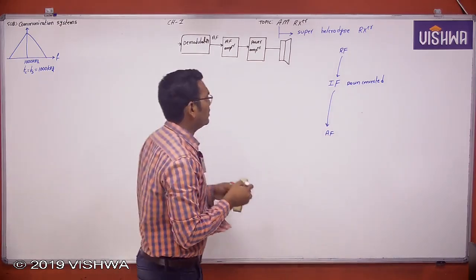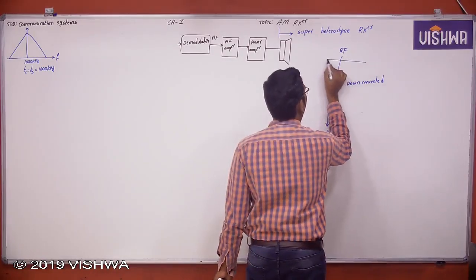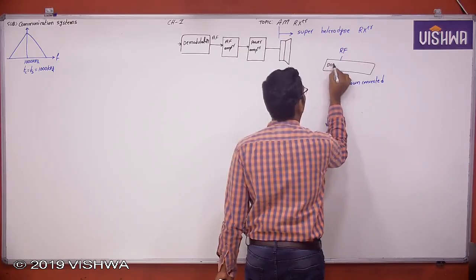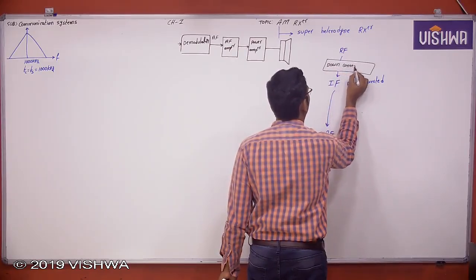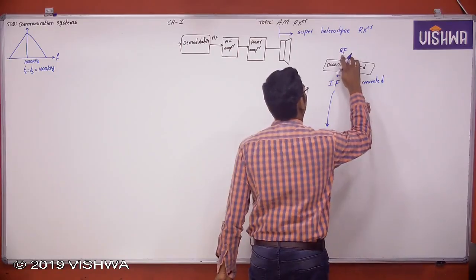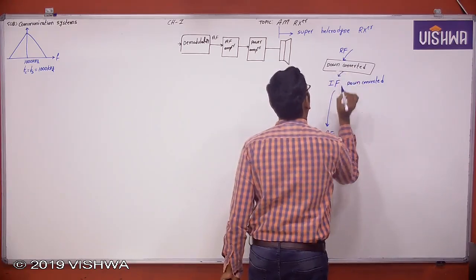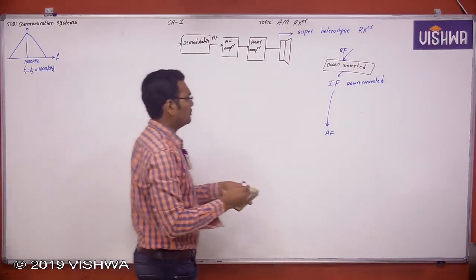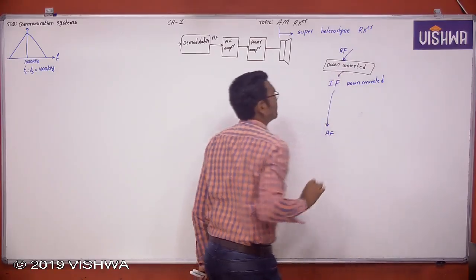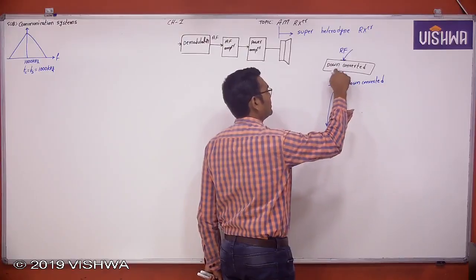Then what is the job of this? Now see here, the RF signal is down converted to IF, intermediate frequency.